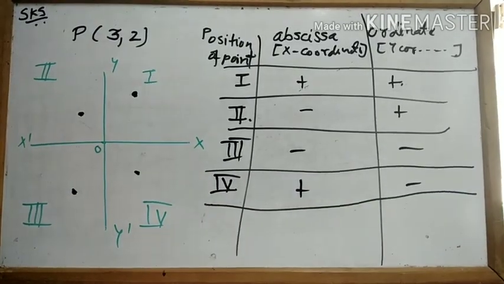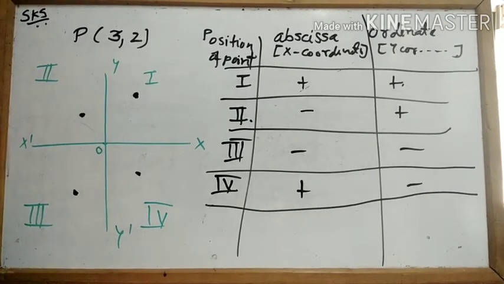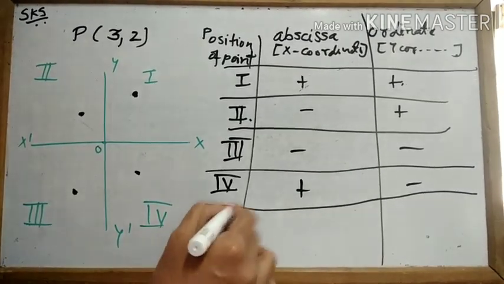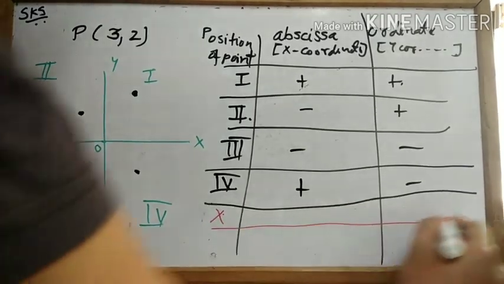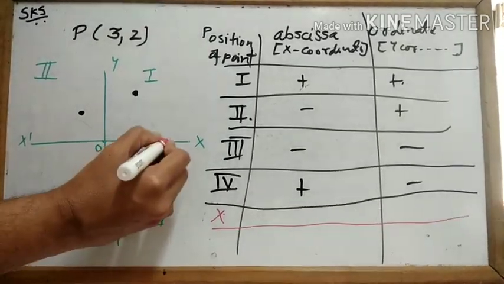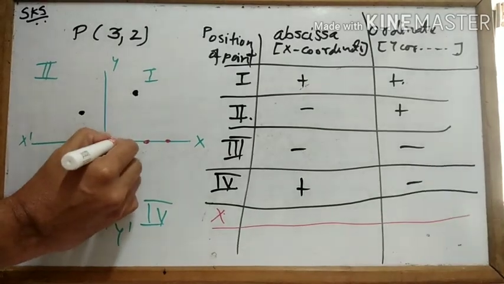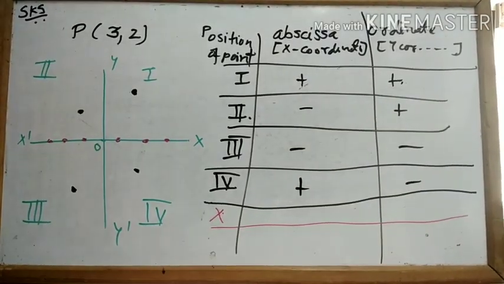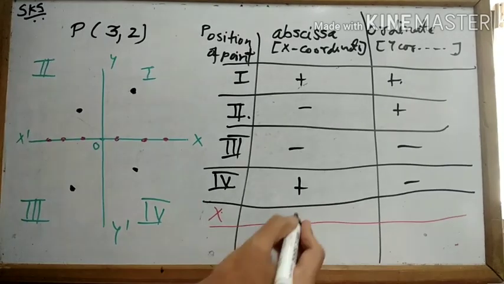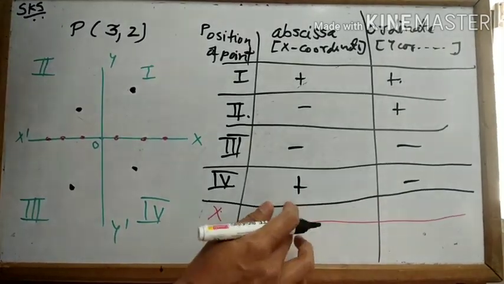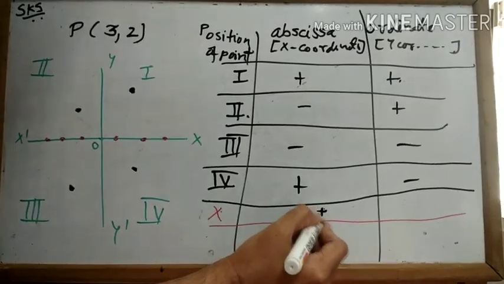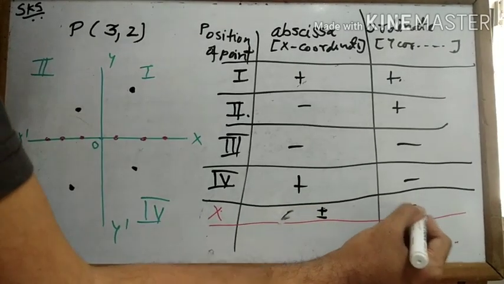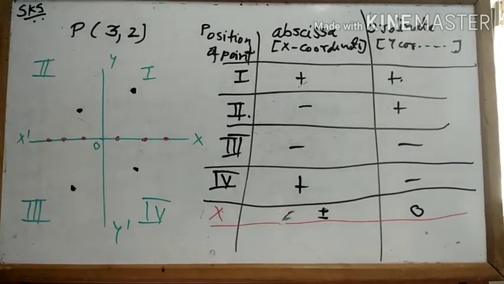Now, apart from these four positions, a point can lie either on the x-axis or the y-axis. Right now I am talking about the x-axis. If the point is on the x-axis, that means it can be anywhere over here. So its x coordinate will be either positive or negative, and its y coordinate will always be 0.